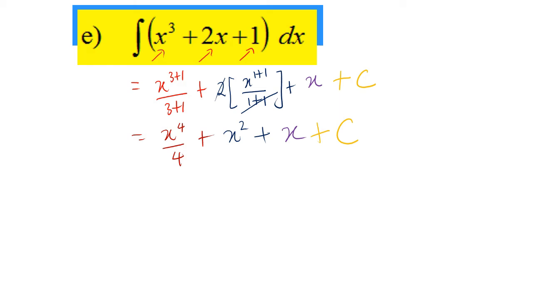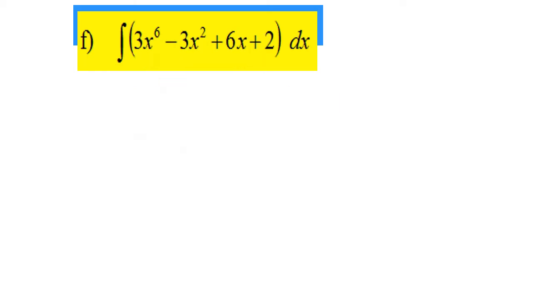So this is our final answer. Next, for part f here, this is your homework. I hope you all can do this question for part F.